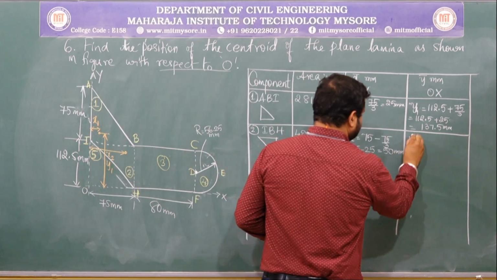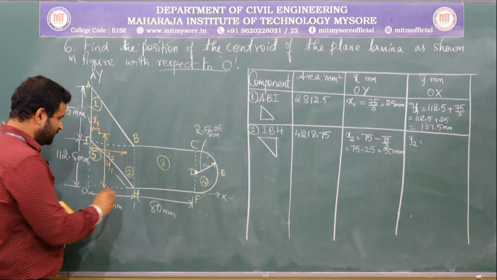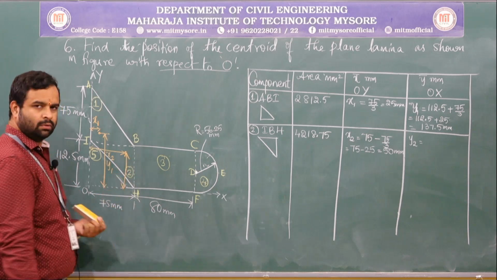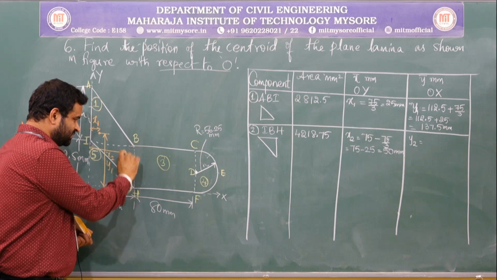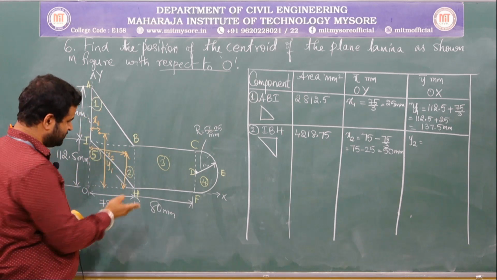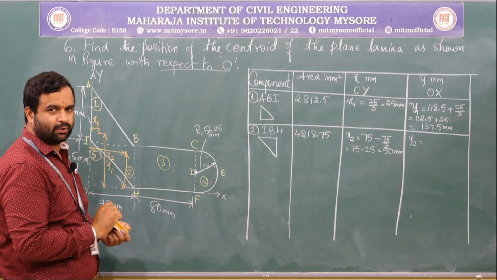Next, y2, that is to be measured with respect to the OX axis. Again we had initially calculated this distance, but you need to measure it from the other end, that will be y2, because it is the reference axis. So, the total height is 112.5.